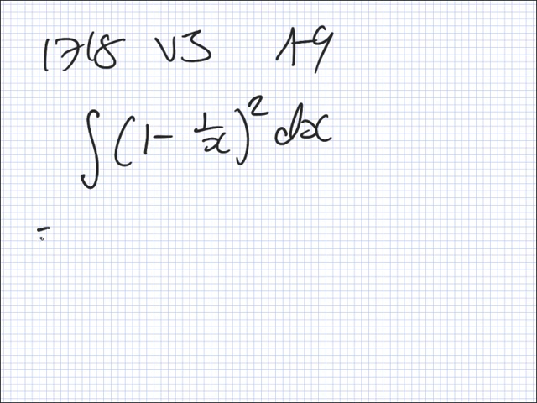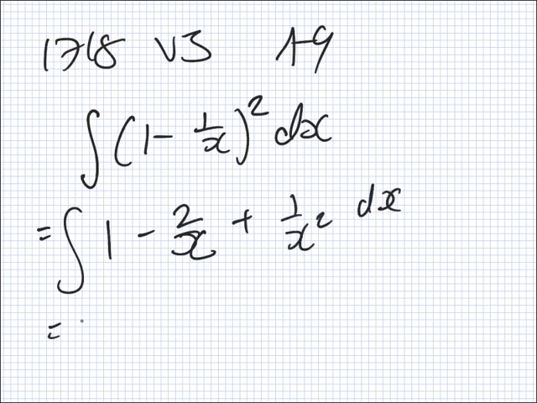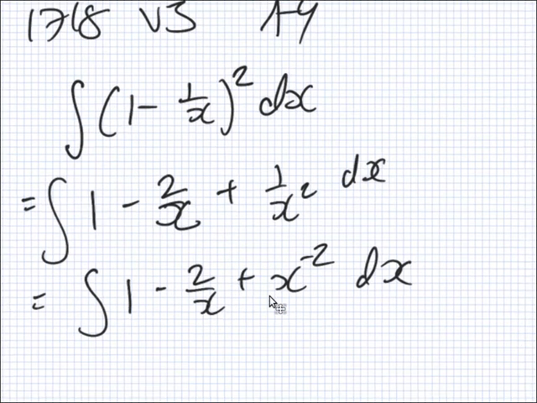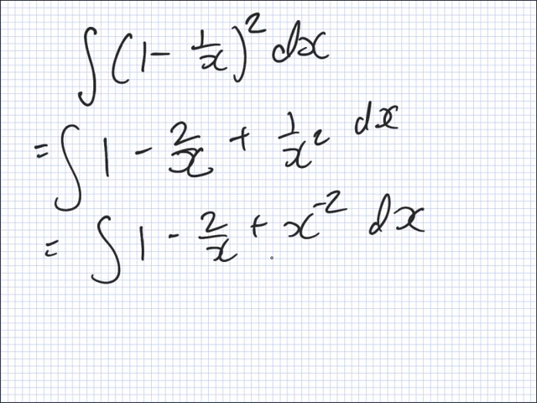So if I expand this, I get 1 minus 2 over x plus 1 over x squared dx, which becomes integrate 1 minus 2 over x plus x to the minus 2 dx. Why keep it 2 over x? Make it x, then minus.